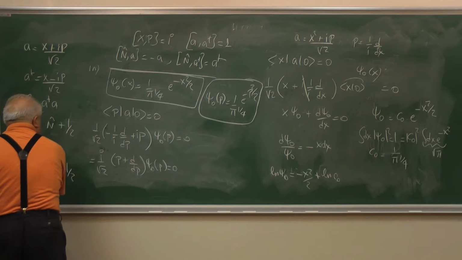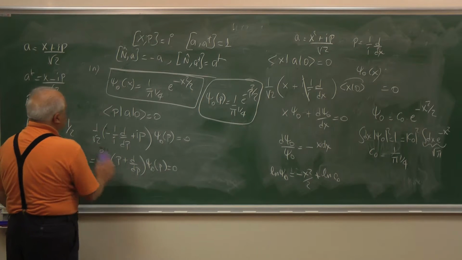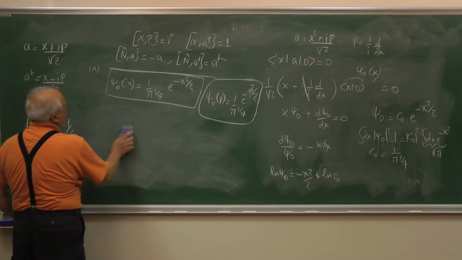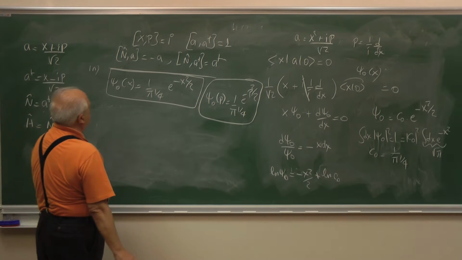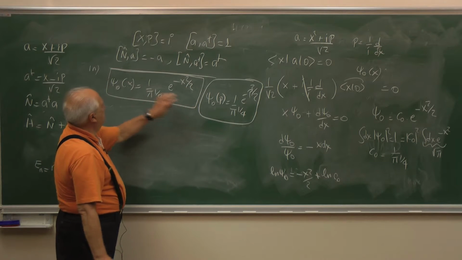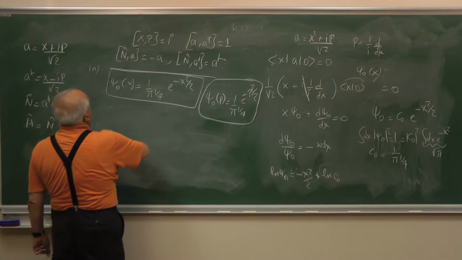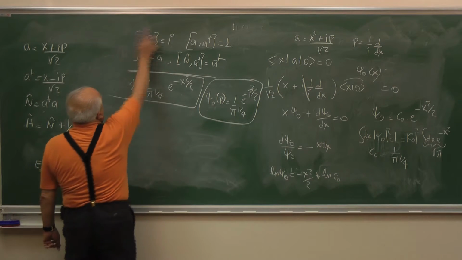Now we shall look at going the other way, up, with the a dagger operator or the creation operator. The ground state wave functions are just simple Gaussians.